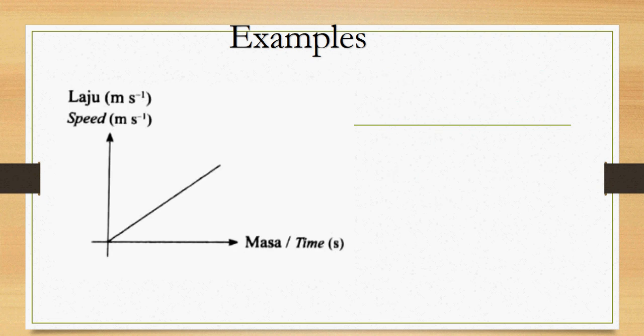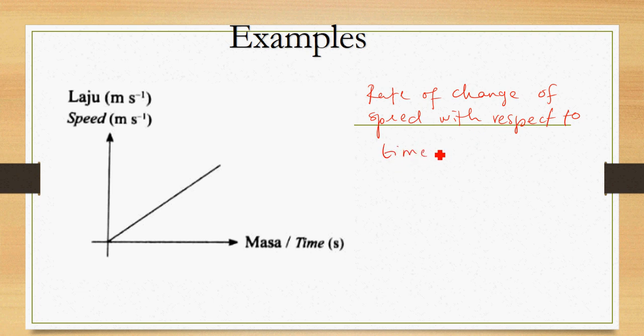Next example. This graph shows the speed time graph. So this is the rate of change of speed with respect to time. For this graph also, you can relate it with the concept of acceleration.